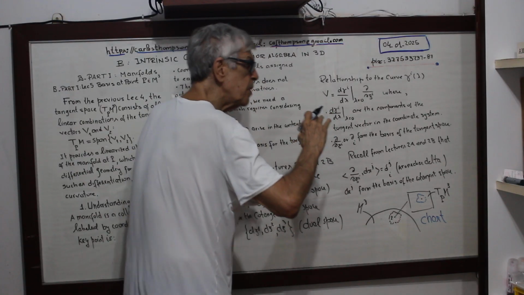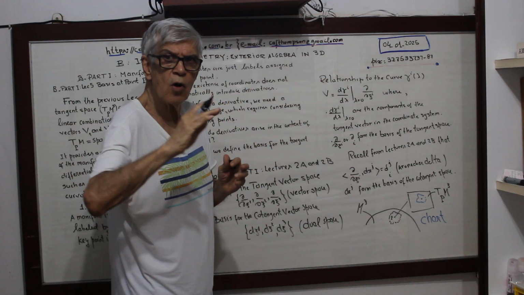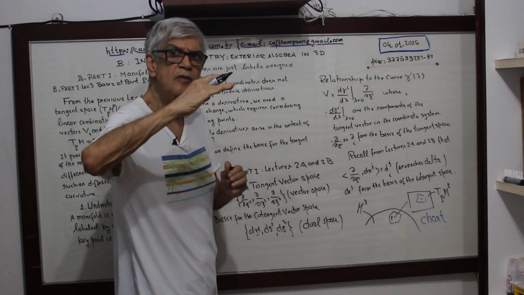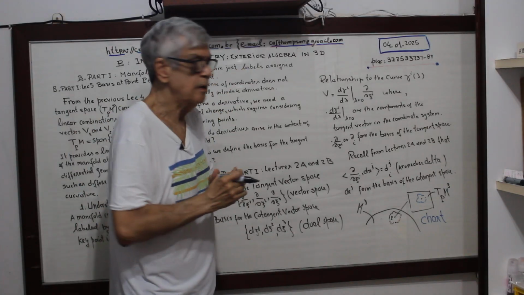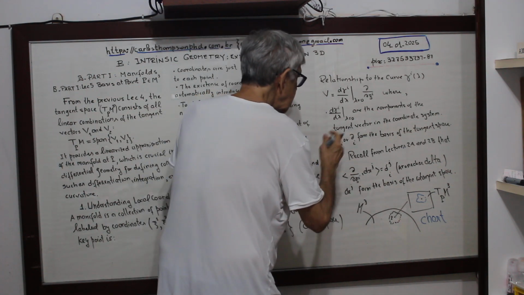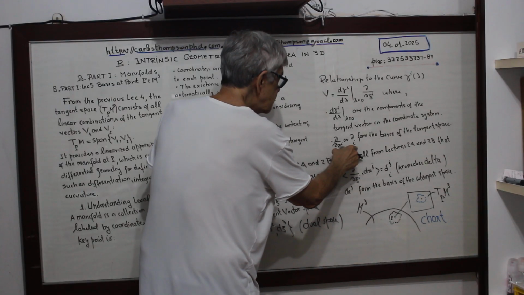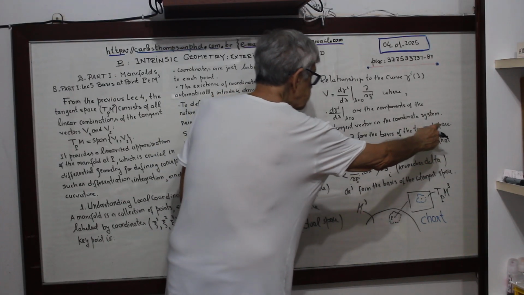You approximate points around the point P belonging to the manifold. We approximate to the tangent plane. See? That's the approximation. So the tangent vector coordinate system is the basis for the tangent space.